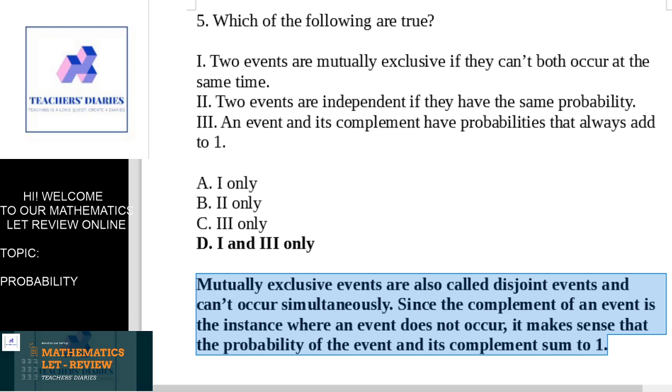Since the complement of an event is the instance where an event does not occur, it makes sense that the probability of the event and its complement sum to 1. So the final answer is the first and the third statement only.